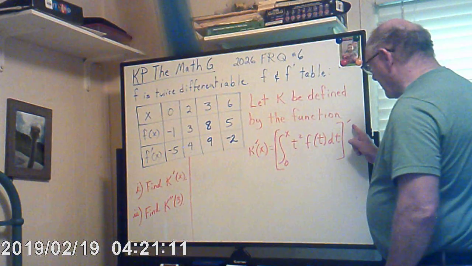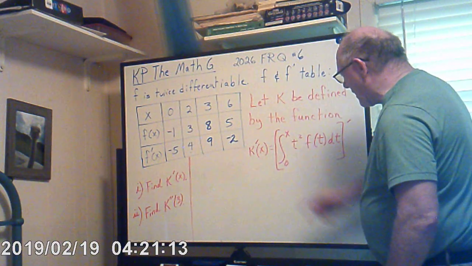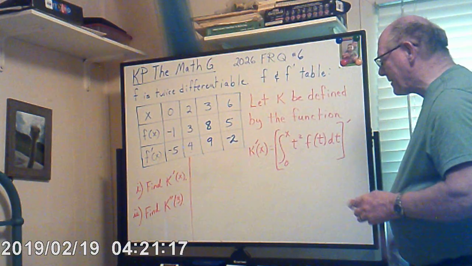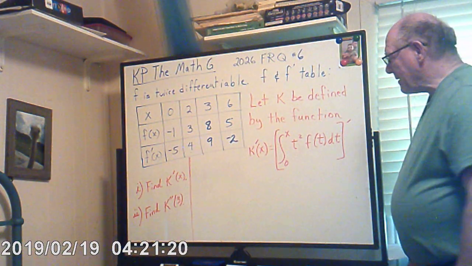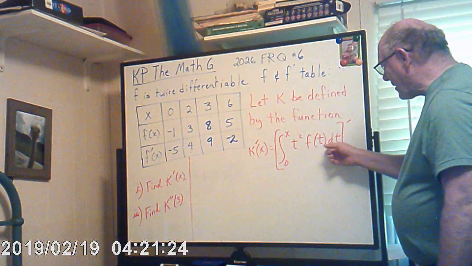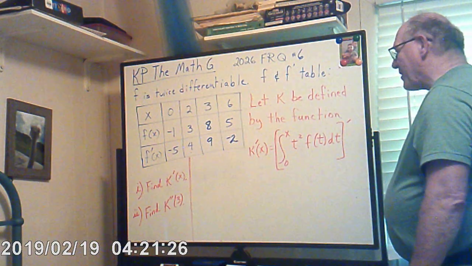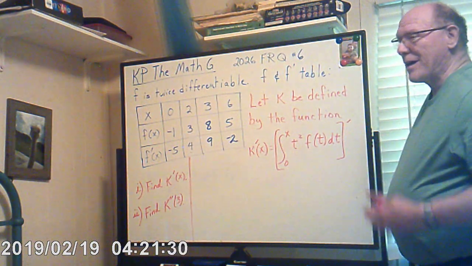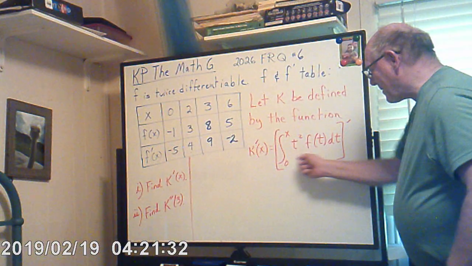Now anytime you see 0 and x or some number and x like that, and you've got a bunch of t and f at t dt, you're going to take the derivative. I promise you, 100 times out of 100 you're going to do that.